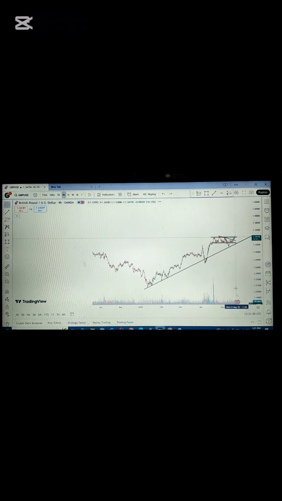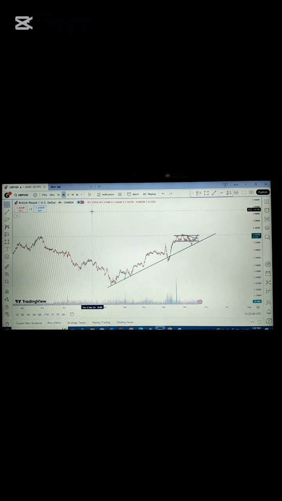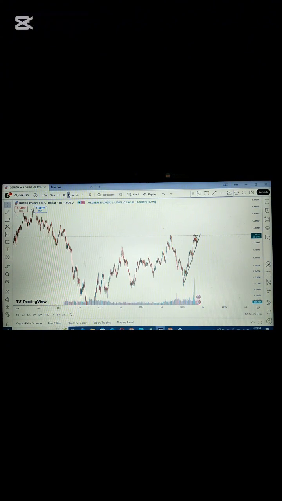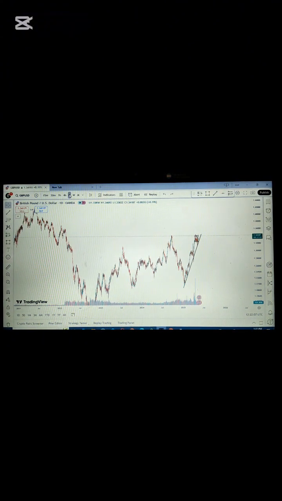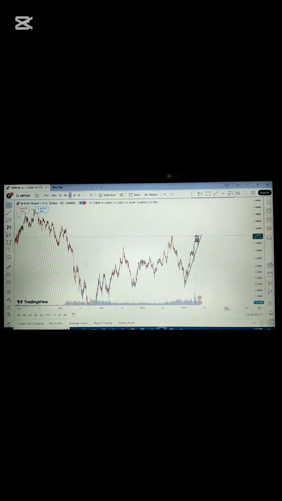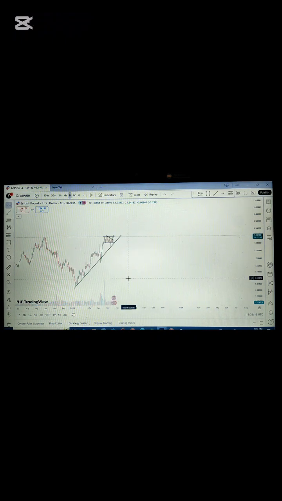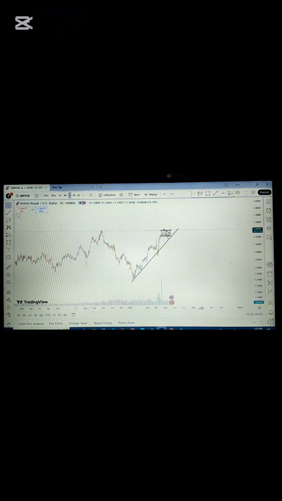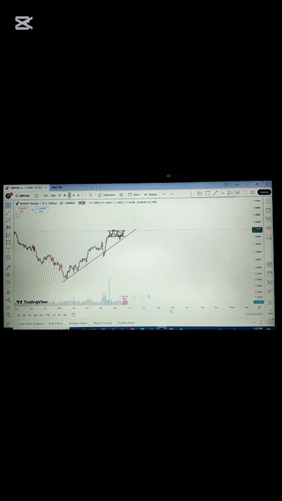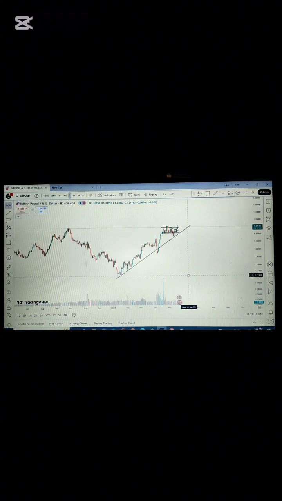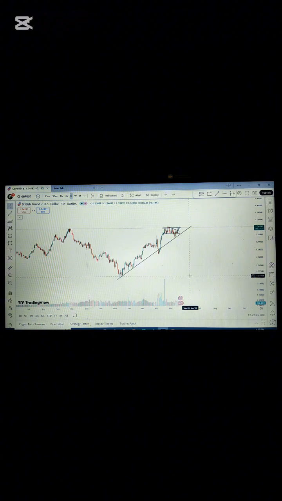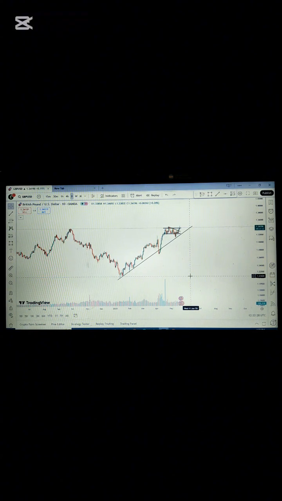I go to the 4 hour chart to see the current trend. Now, this is one thing that really helped me a lot: discovering that there is a difference between the current trend, or current market structure, or current market condition, and the overall market trend, market structure, or market condition.